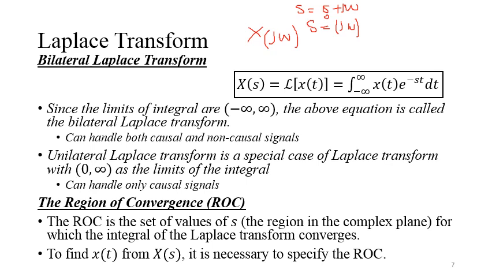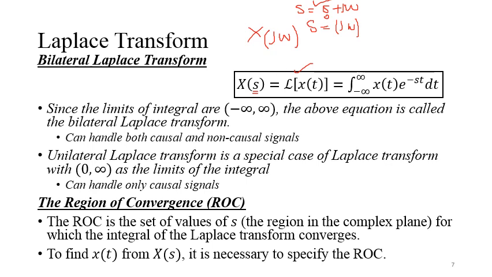But in case of Laplace, we also consider the real part. So instead of writing X of j omega, we will write X of s, and this is equal to the integration from minus infinity to infinity of x of t e power minus st dt.